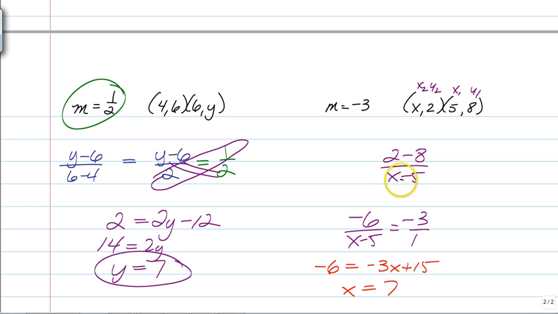You can work with negative variables. I'm just trying to tell you what I've seen in the past. Students make sillier mistakes when the variable is negative for some reason. But of course, either way will work. So you get your 2 minus 8 is a -6 over x minus 5. Set that equal to the given slope. Cross multiply, and you get x equals 7, and you are good to go.